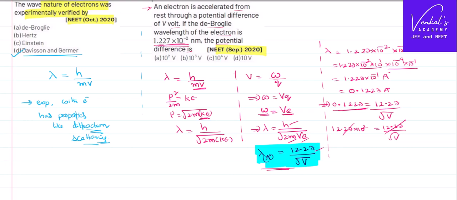So square root of V can be further expressed as 12.27 into 10 power minus 2, not plus 2, right? This is 12.27 into 10 power minus 2. So 10 power minus 4 equals 1 by V. V equals 1 by 10 power minus 4, that is 10 power plus 4 volts. So you shall apply a voltage of 10 power 4 volts.